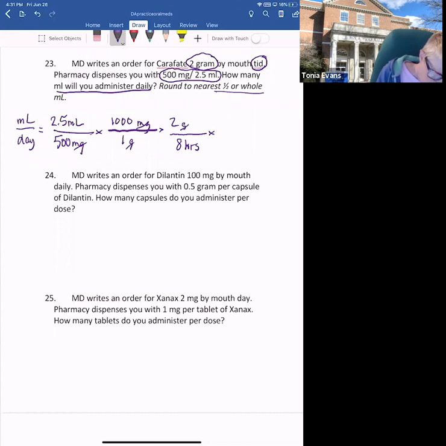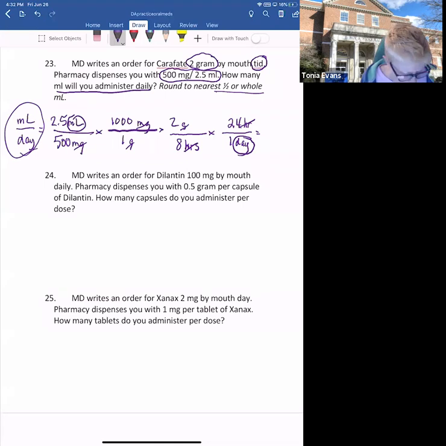Get rid of grams. I need to get rid of hours next. I know that 24 hours is 1 day. Hours, day is what I'm looking for in my answer. So let's see, I don't have anything hanging out here. I'm left with milliliters per day.